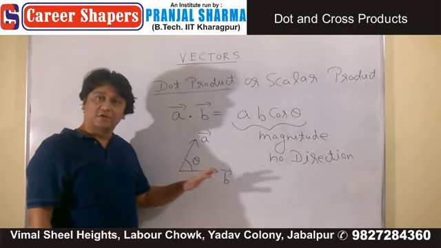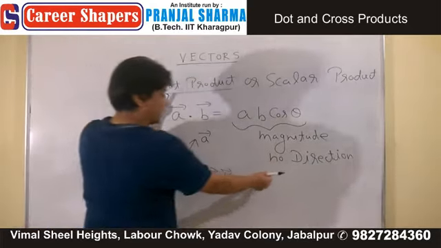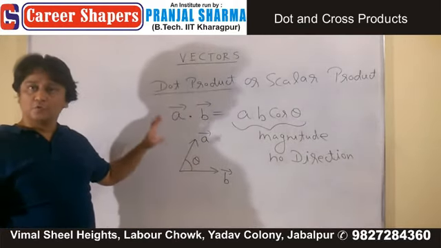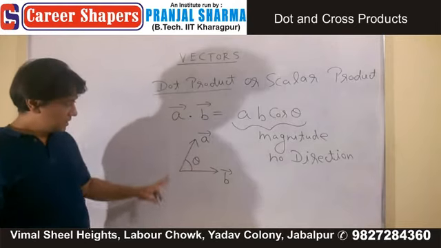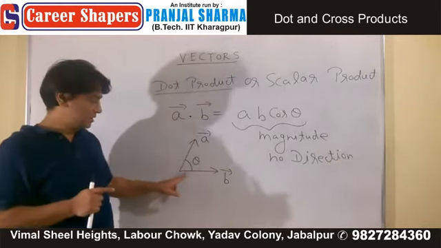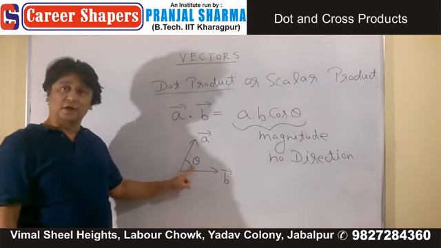If they give you vectors separately, one vector drawn here, the other drawn here, then how do we find theta? We always join tails of these two vectors and then we find this angle theta.